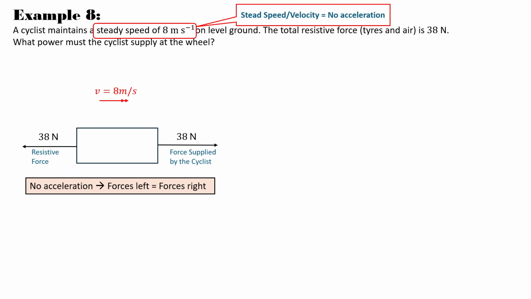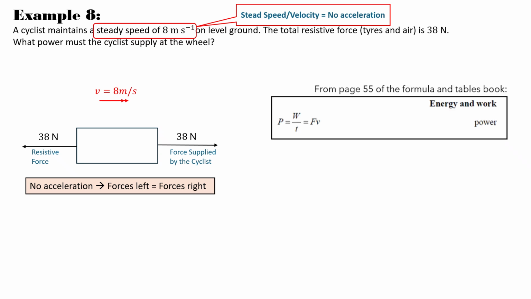Now we are asked about the power that the cyclist must supply at the wheel. So we go to our formulas. We're working with FV because that's the information we've been given. So power is equal to the force supplied by the cyclist, 38, times the steady speed, which is 8, which works out as 304 watts.